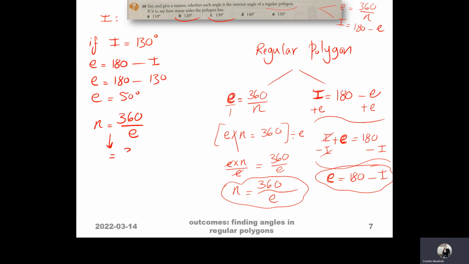So E is 50, so 360 divided by 50. The answer will be 7.2 sides.